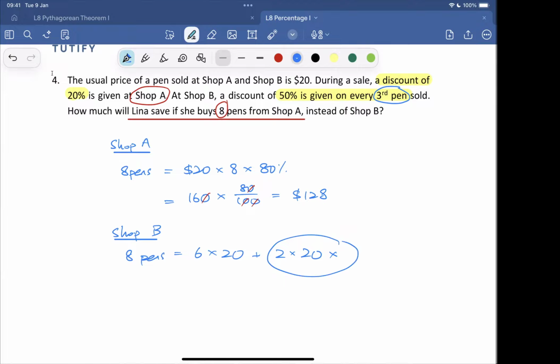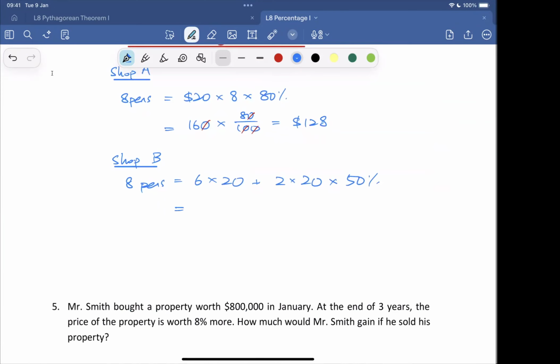No, 100% is wrong. You have a 50% discount, you know? Yeah, 50. So how much must you pay? 50%. Correct.